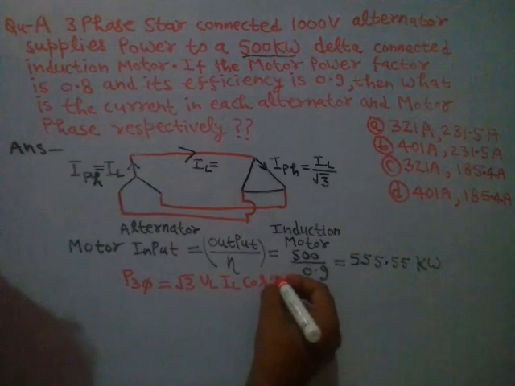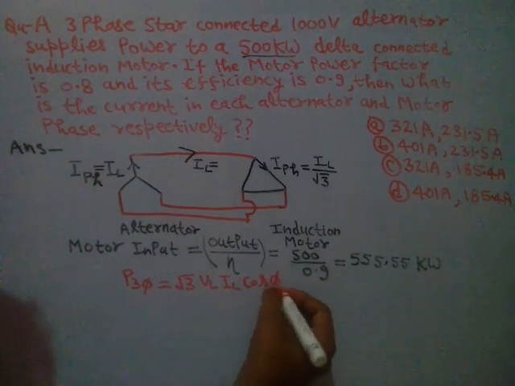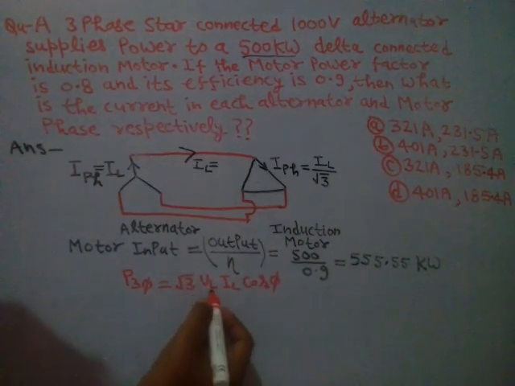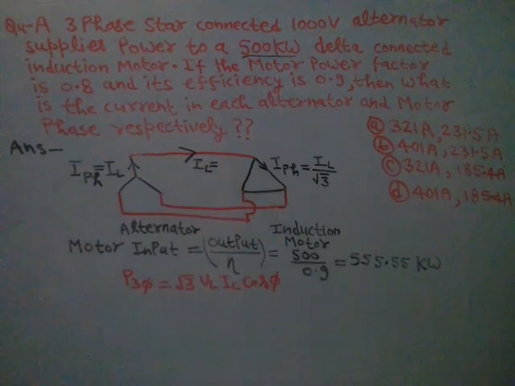Here cos phi is the operating power factor, VL is the line voltage, and IL is the line current.